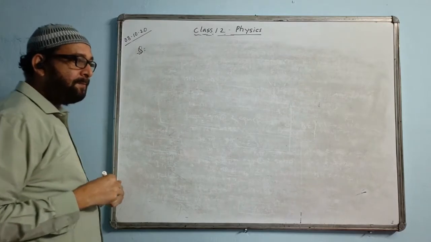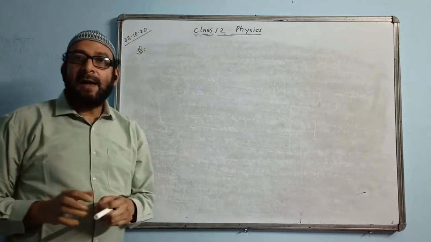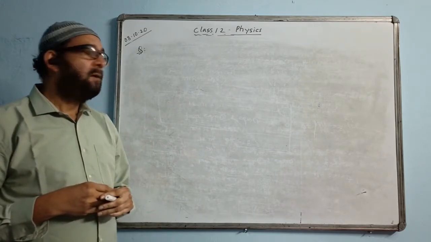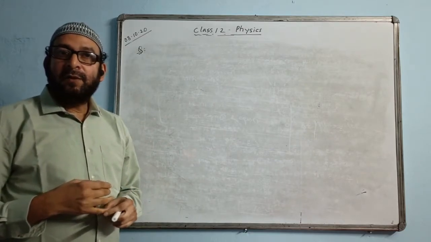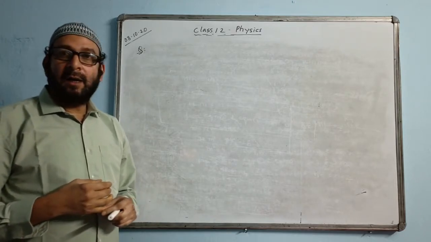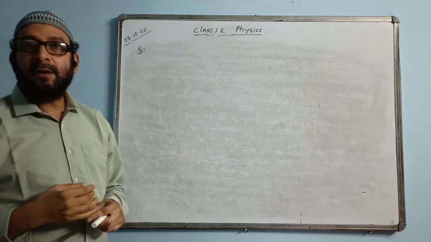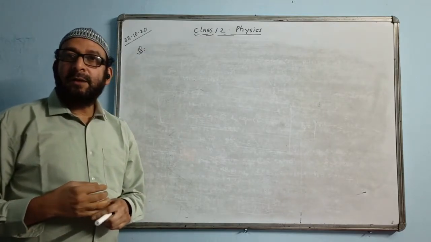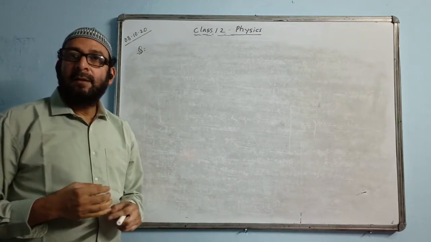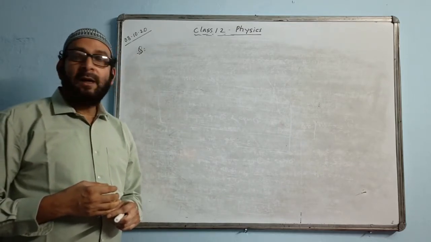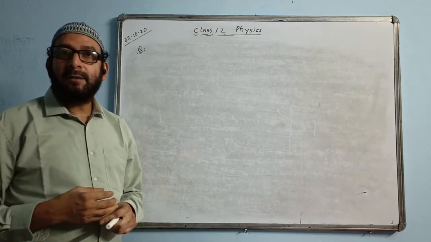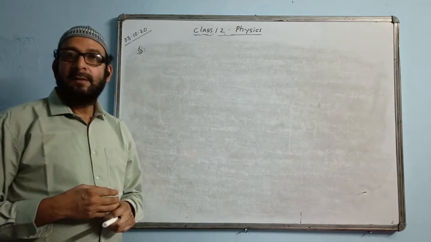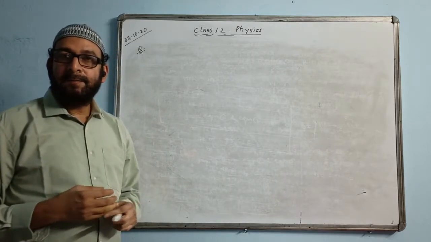The question says, n identical cells, each of EMF E and internal resistance small r, give the same current when they are connected in series and in parallel.